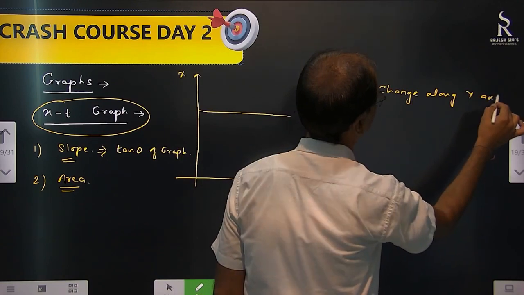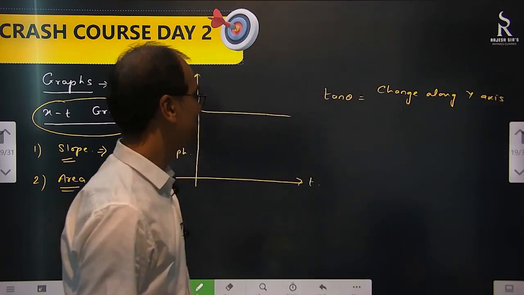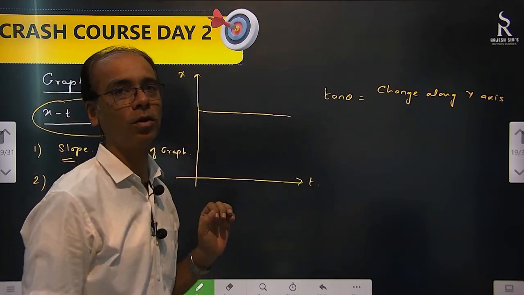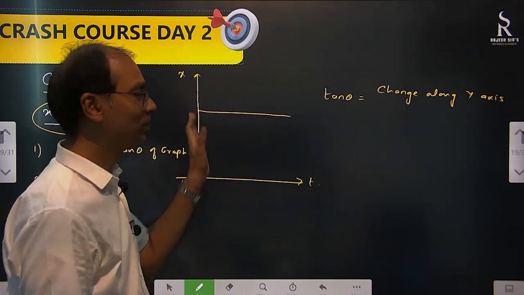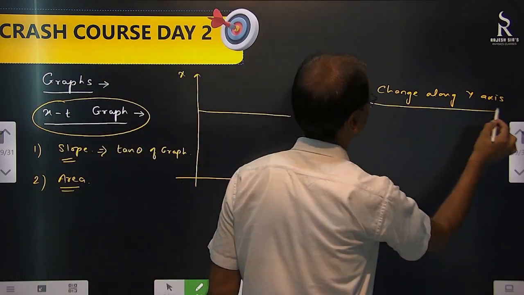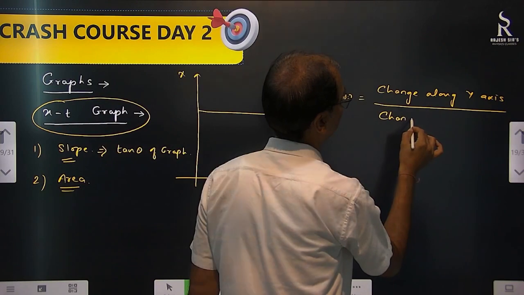Now y-axis means vertical. It's possible that in some question this is the y-axis and this is the x-axis, and you say, sir, you said along the y-axis. No, y-axis means vertical. Change along the y-axis by change along the x-axis.